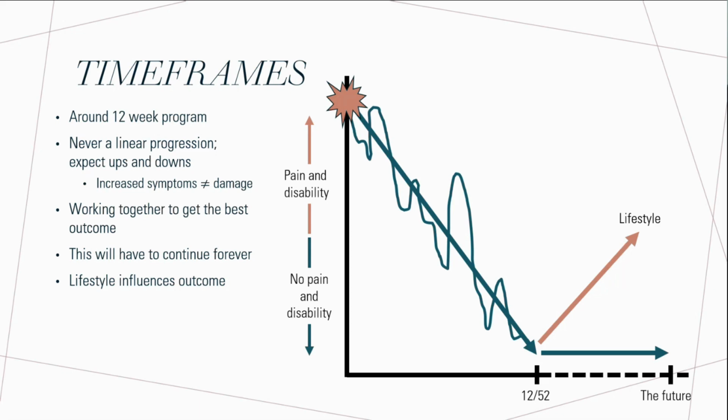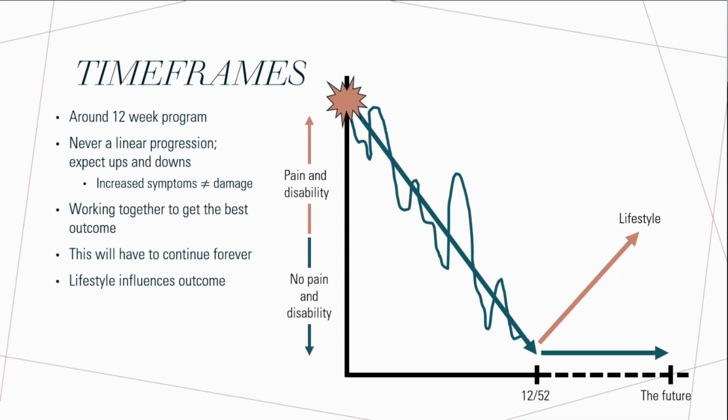As soon as you stop doing physical activity, that's when you start to notice changes in symptoms and you'll start to see things come back. So short answer is you keep doing the exercises long term, keep going forever, but it doesn't necessarily have to be all of the exercises we give you in clinic. That's something you can discuss with your physio as you go along.